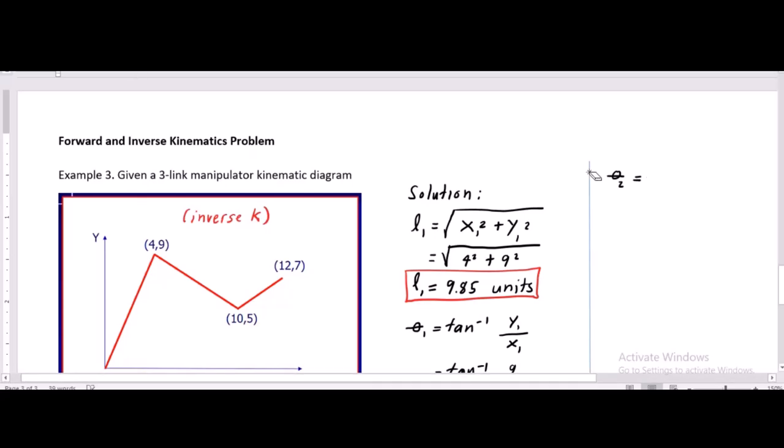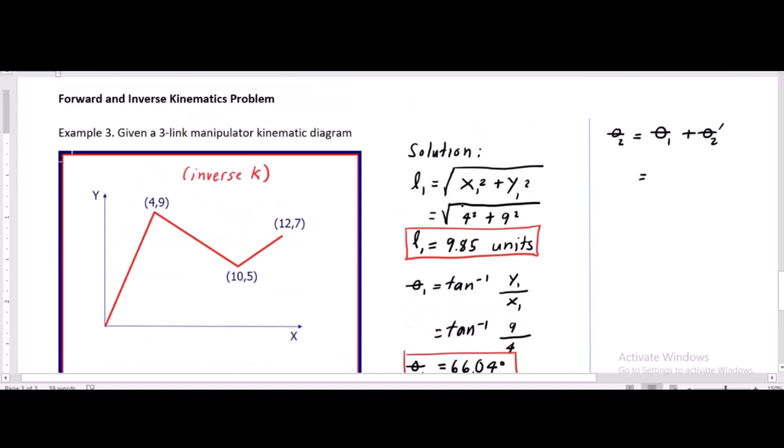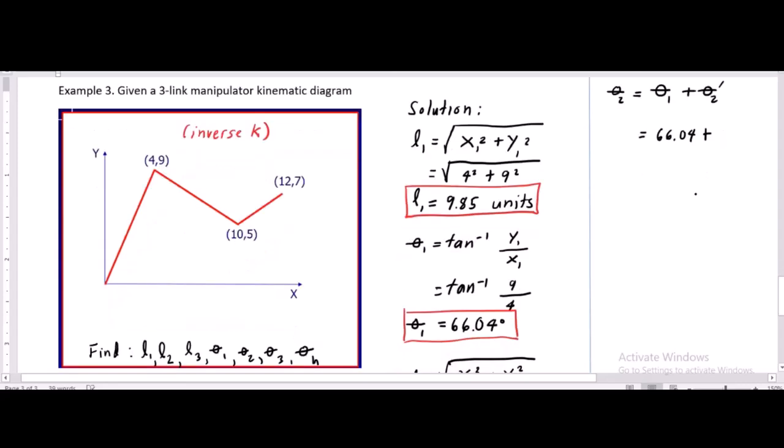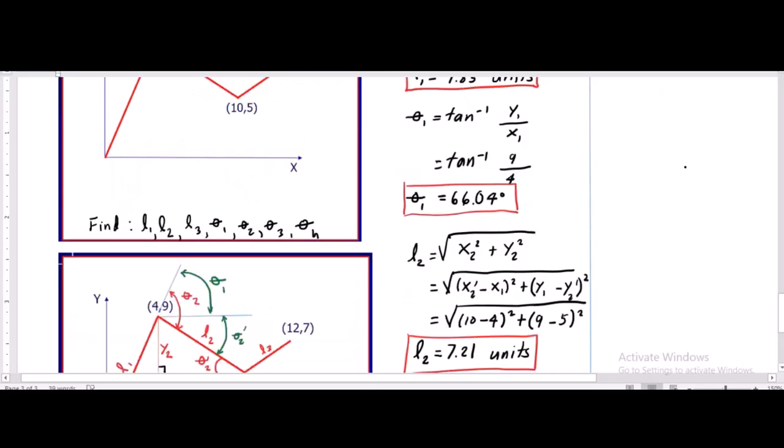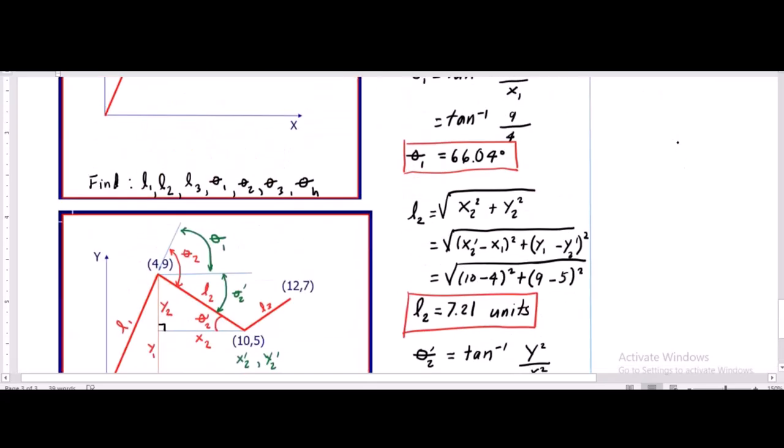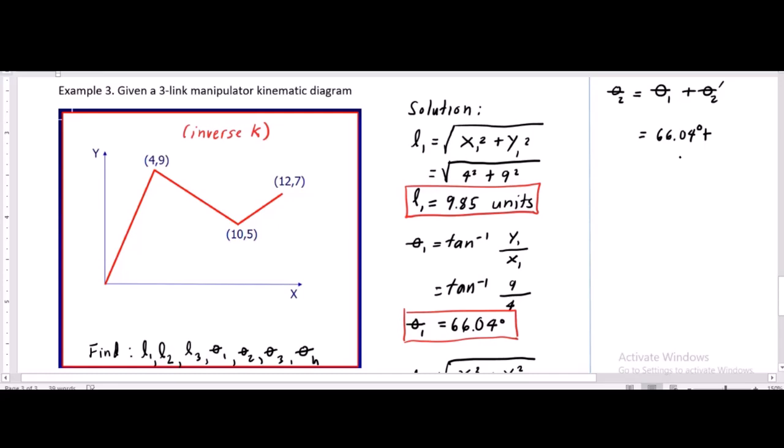Let me erase first. Let's add theta 1 plus theta 2 prime. We will get the theta 2. So the value of theta 1 is 66.04 degrees, while theta 2 prime is 33.69 degrees.